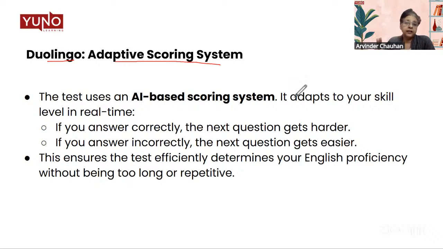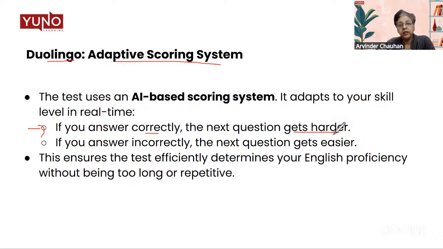On the other hand, if the AI feels that the questions seem to be quite easy for you, it might increase the difficulty level. So it goes both ways. And of course, if the difficulty level increases, you get a higher score. Let's have a look at it. Again, it adapts to your skill in real time. If you answer correctly, the next question gets harder.